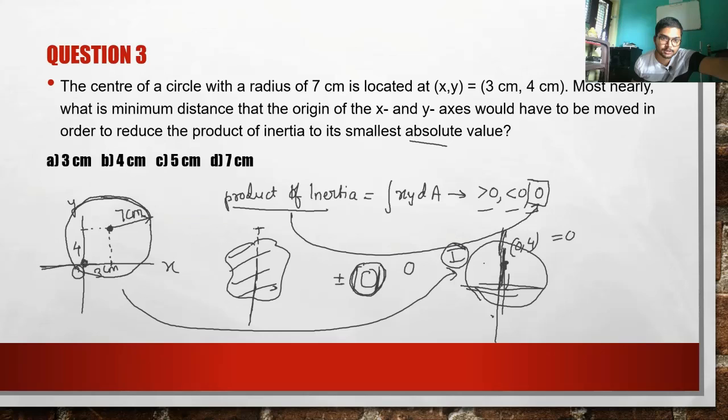Now the second case to have product of inertia 0 is, this time, to shift the origin 4 units up, that is along y. That means the new position will be something like this. Shifting the origin along the y-axis means shifting the total x-axis along the y direction.